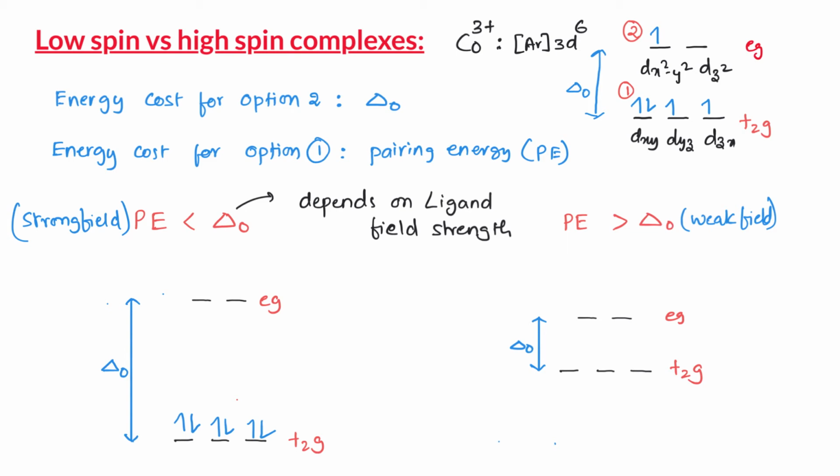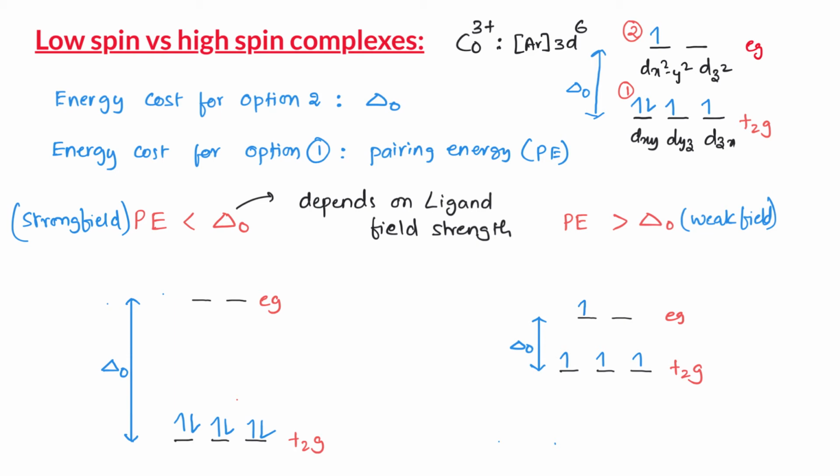In this case, we add the first 3 electrons in the t2g orbitals following Hund's rule. For the 4th electron, it costs less energy to place it in the eg orbitals compared to placing it in the t2g orbitals. Therefore, the electron goes into the eg orbitals.